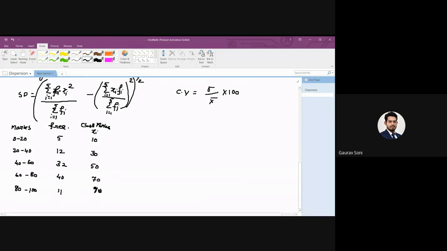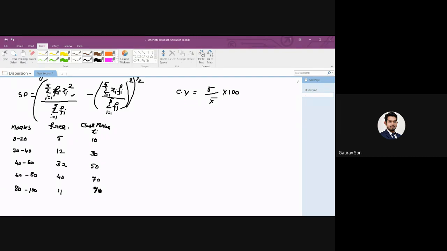Now what columns do we need? First of all, we need fi xi square. This function we can enter in the calculator. Xi fi we can enter into the calculator. But before going for these things, we can also think of change of origin and change of scale.